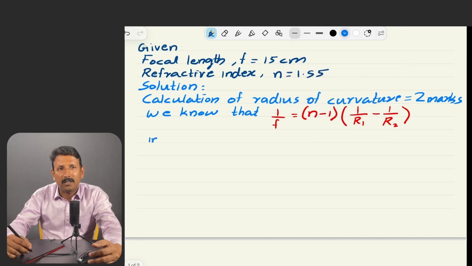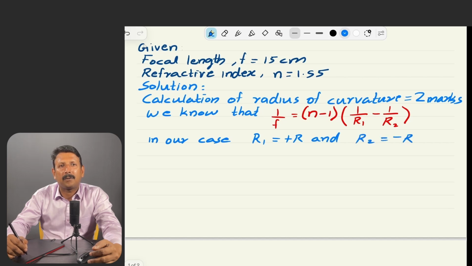And from the previous slide you saw that here, it is a special case, equiconvex, so r1 is equal to plus R and r2 is equal to minus R. And n is given, f is given.